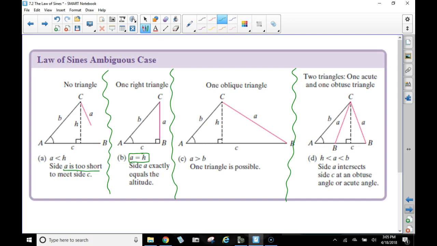Or you could have those two triangles that we talked about with that same given side length A. You could have the acute triangle here, and the obtuse triangle here. So we're always going to check that out and see if that happens, and we'll be able to determine whether it does or not.